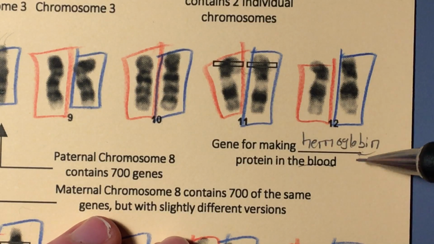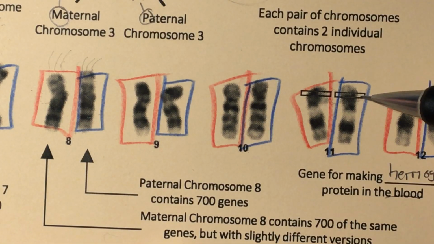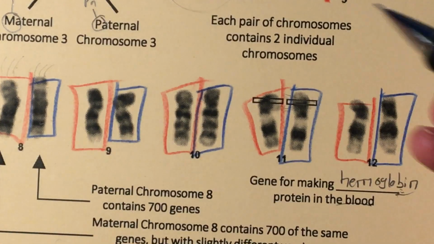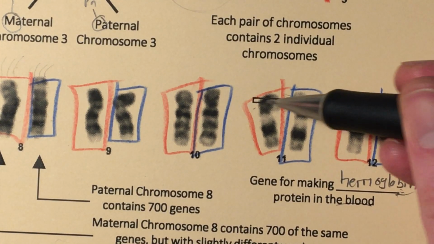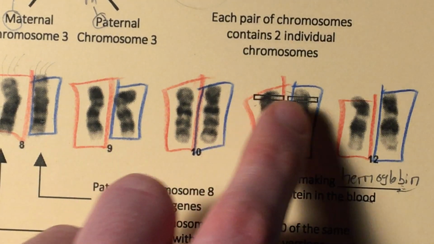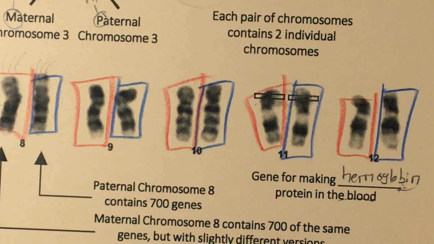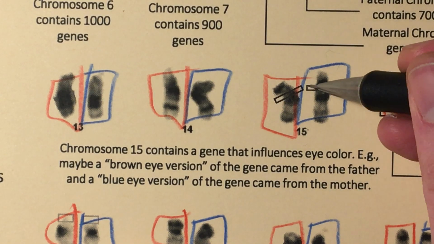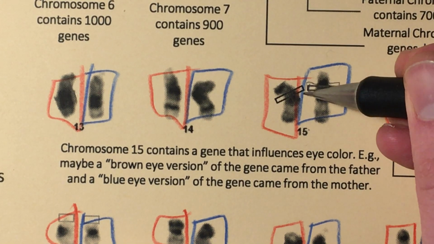So you need the instructions for building that little guy, and that is right there on the tip top of chromosome 11. Now, these are both the genes for chromosome 11, one from your mother and one from your father. You need 2 copies. If we look down here at chromosome 15, this contains a gene that influences eye color.